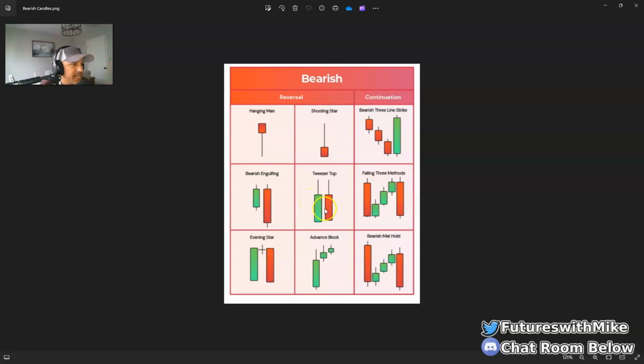So that would be a bullish candle. Different types of candles here: the evening star, the falling three methods. These are different types of bearish candles to pay close attention to in relation to their patterns and how candles form, because candles can tell you a lot about what the market is getting ready to do or trying to do. All right, so let's move on to the last part.